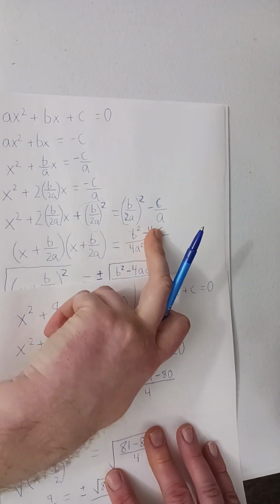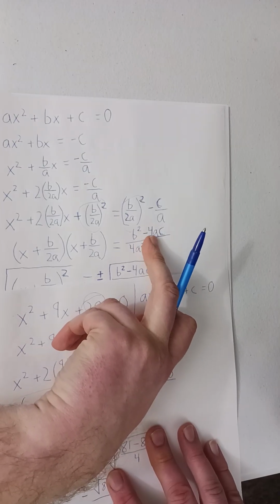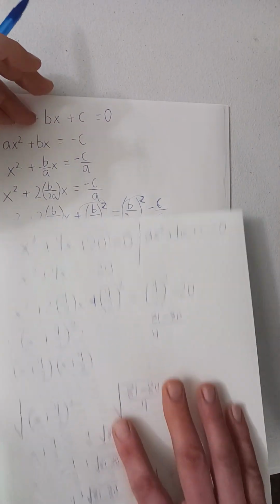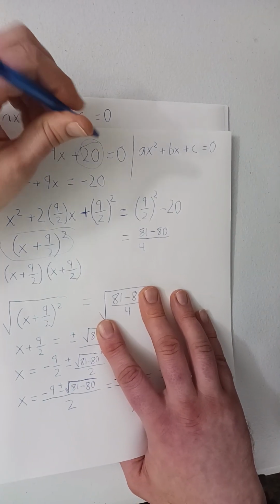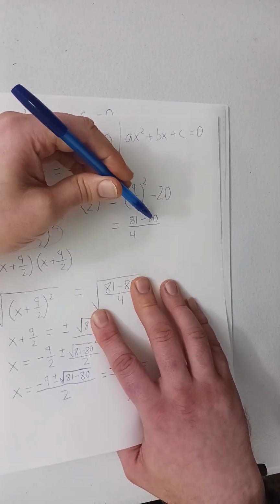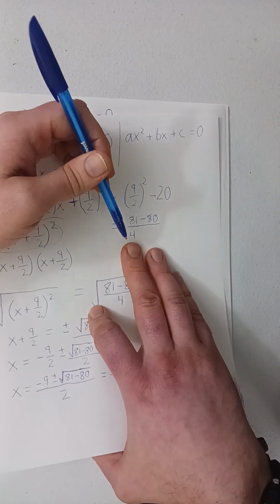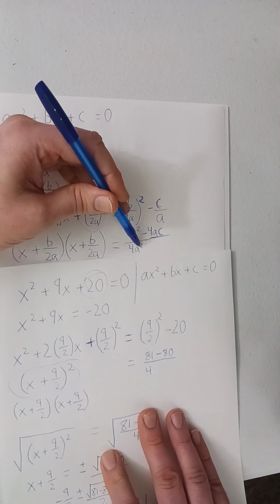So this amount, and since a is 1, remember it's 4ac, so the a is just 1. So if you just ignore the a for a little bit, it's just negative 4 times c, right? So it would be negative 4 times 20 here, because this is already 1. And that's what we have. That's why I kept this like this, so we could go back and look at this. And then on the bottom it's 4a squared.